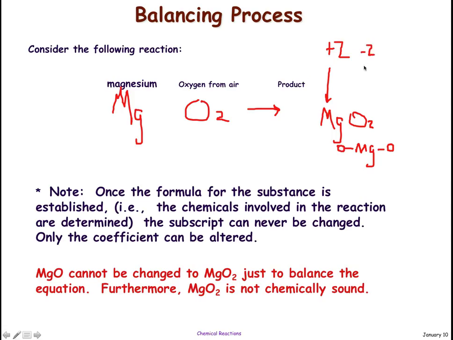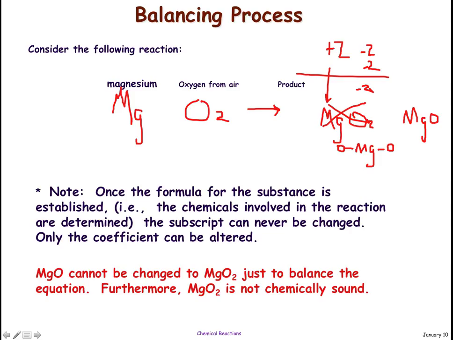The fact that you have 2 oxygens tells you that the net charge of the oxygens is -4, and +2 and -4 is -2. That's not correct, because this is not electrically neutral. So you have to write the formula that makes sense, and the right formula for magnesium and oxygen is MgO. So that's what you have to write down when you start the reaction.